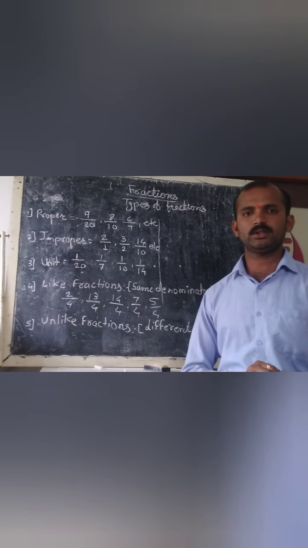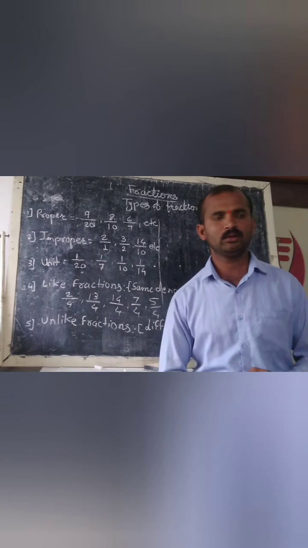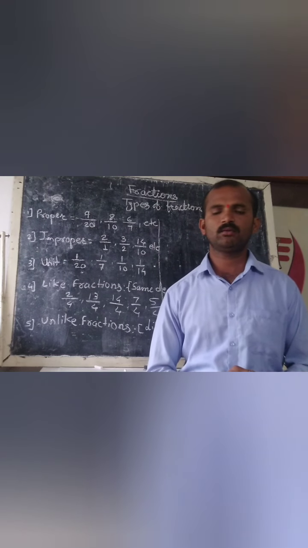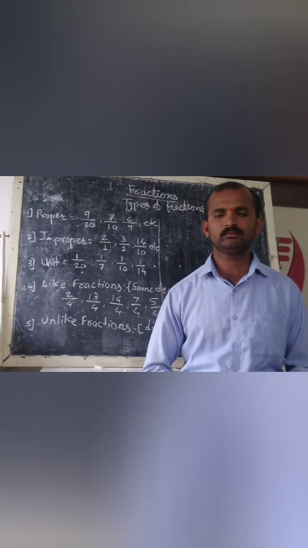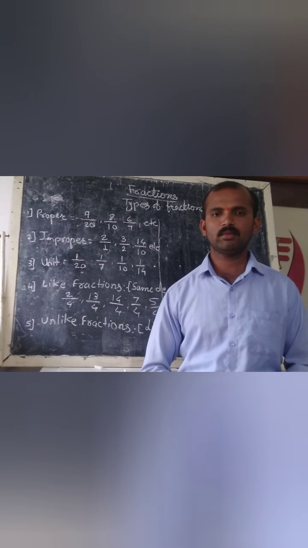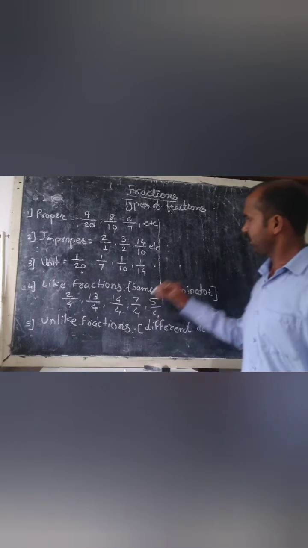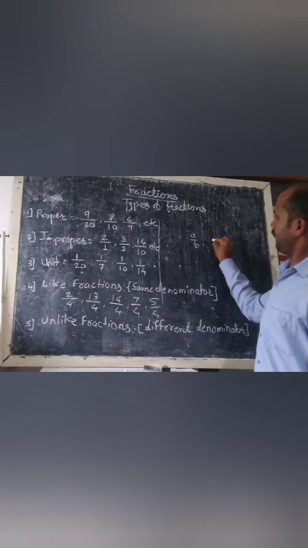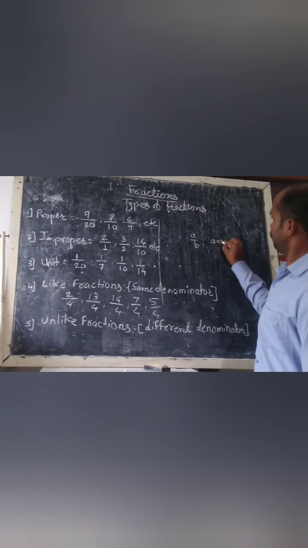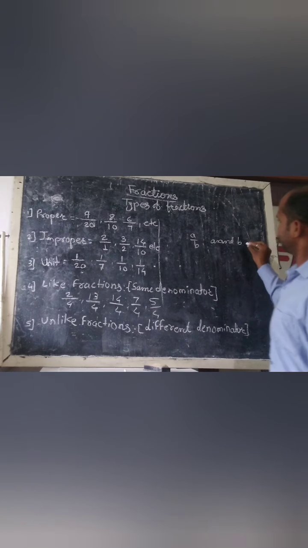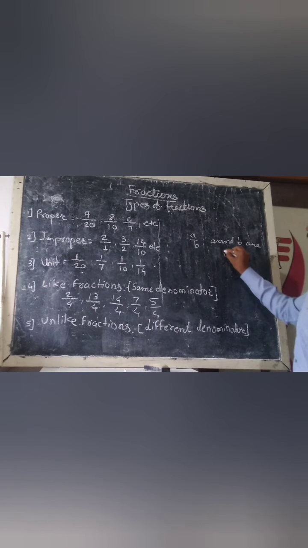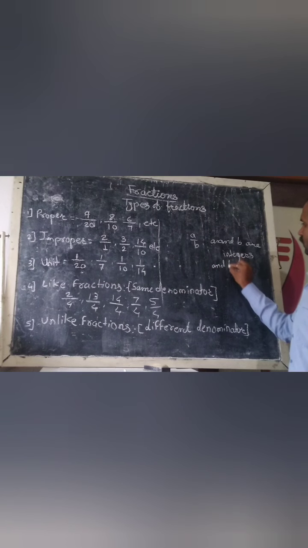In that, we have seen what is meant by fraction. So let us revise the definition of fraction. Any number in the form of a upon b, where a and b are integers, or you can say natural numbers, and b is not equal to 0.